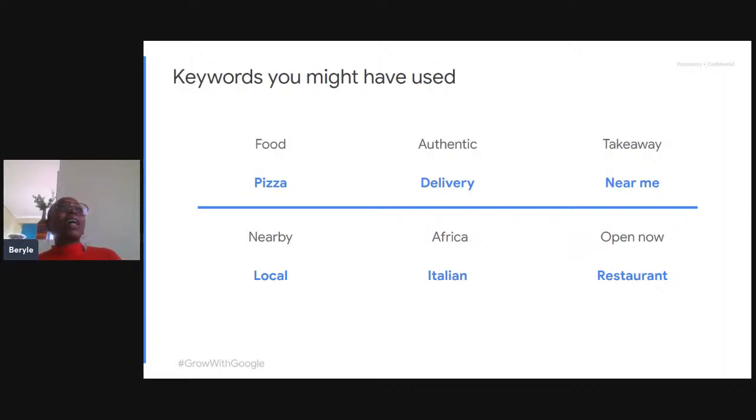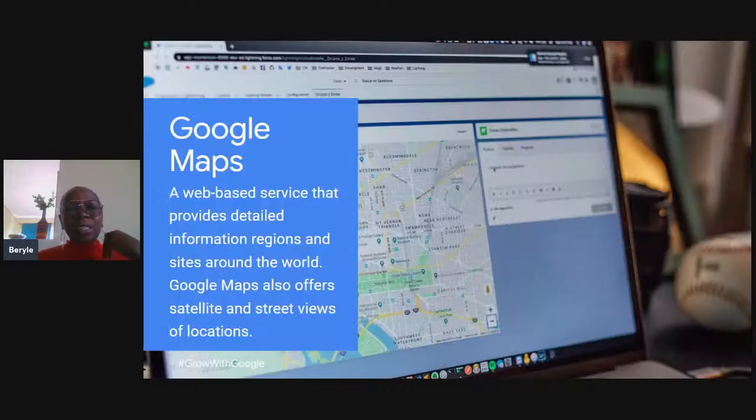I'm not specific of the kind of brand that I would want. So generally, I would search for pizza delivery near me. Depending on whether the business has a business profile or how well it is set up, they should be able to appear on my searches. So those are keywords. And if we look at the previous sessions that we had, we talked about the importance of keywords when we are curating content, so it takes us back to that.